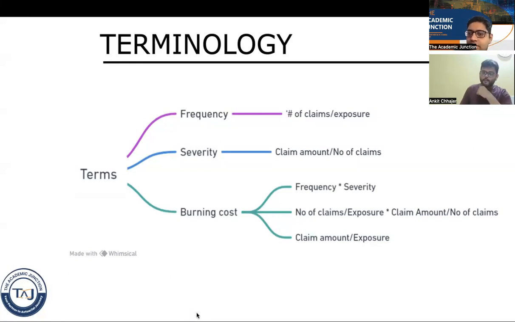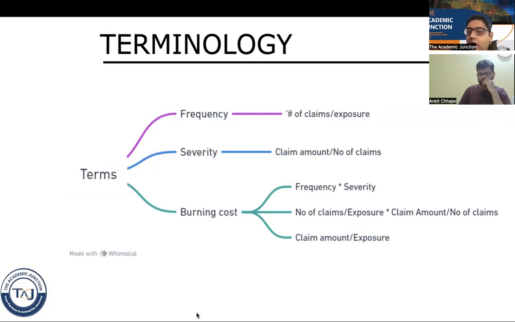So the burning cost or the pure risk premium is the true indicator of profitability for the company. If your premium is lower than your burning cost, it means you are not even covering the losses that you're supposed to cover. It means you're severely underpriced.